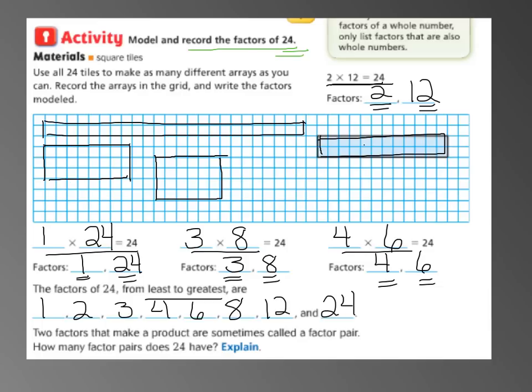We have 1 and 24. That's one pair. We have 2 and 12. We have 3 and 8. And we have 4 and 6. So how many pairs is this? 1, 2, 3, 4. There are 4 factor pairs of 24.